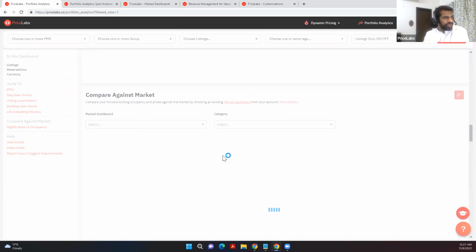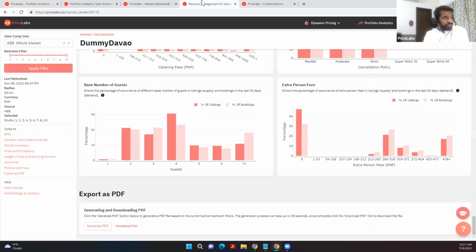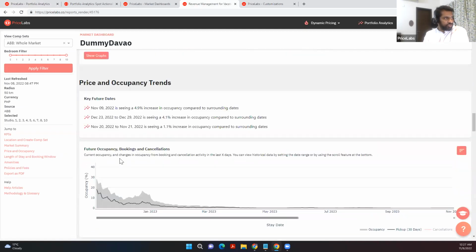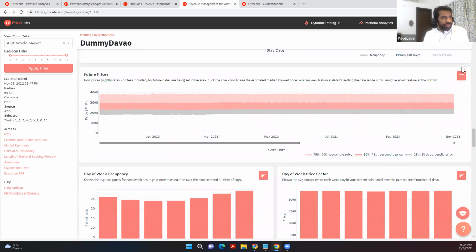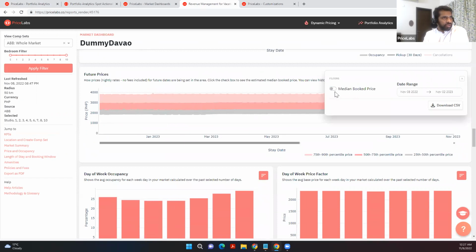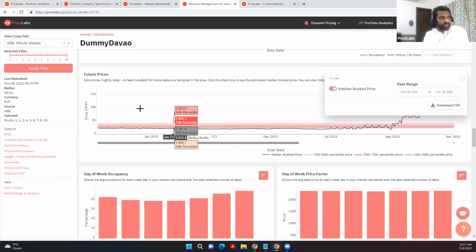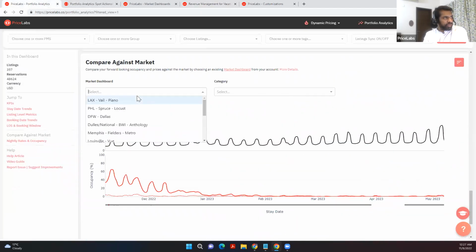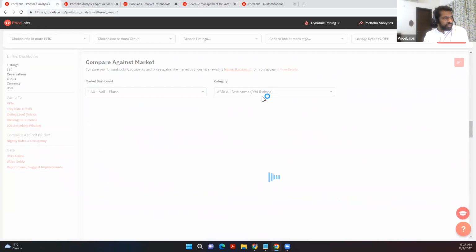Okay, I'm waiting for this to load. On market dashboards, we definitely have it when this price graph shows up. If you click this, if you allow this, you can see the median booked price. I wonder if on Portfolio Analytics, if I have a market dashboard selected.